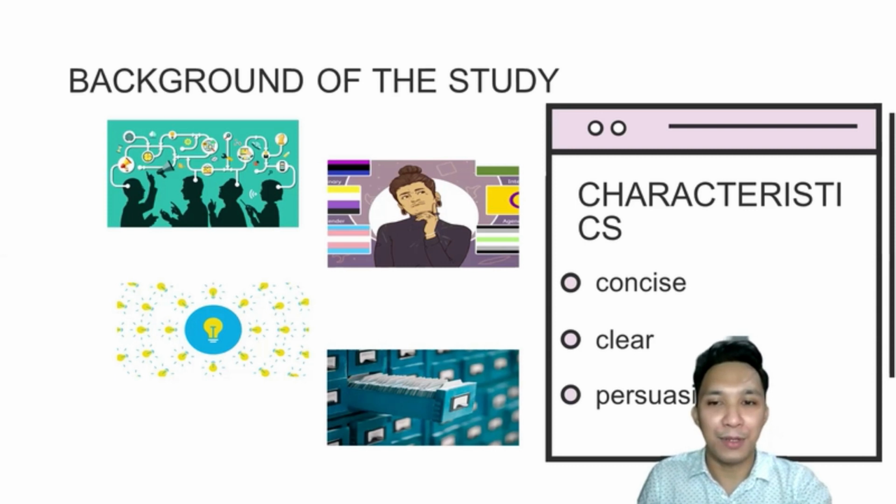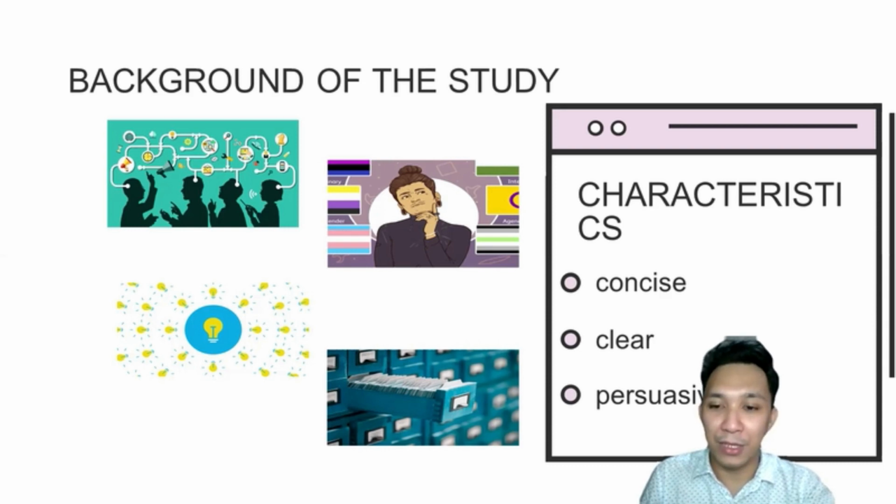And here, you also have the three characteristics in writing the background. It should be concise, clear, and persuasive. I know that you know what concise and clear is all about, but let's delve into persuasive. It's important that you persuade the readers, because convincing your readers will help you validate that your research is defensible.